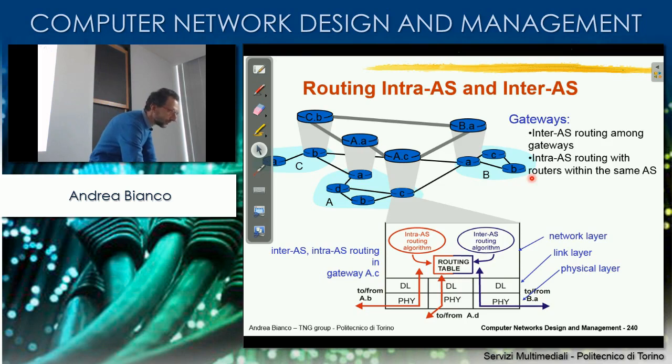So the routing table of those border nodes is partly composed by local information, and typically with longer prefixes, with more detailed information, okay? And partly through the information that you get from other domains. And you put them together to build the routing tables.